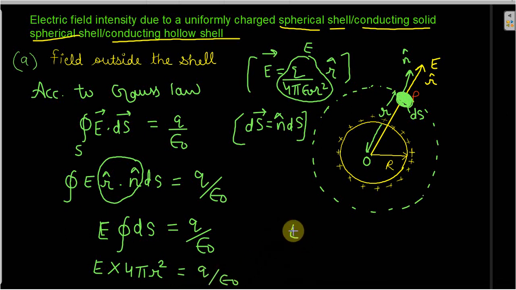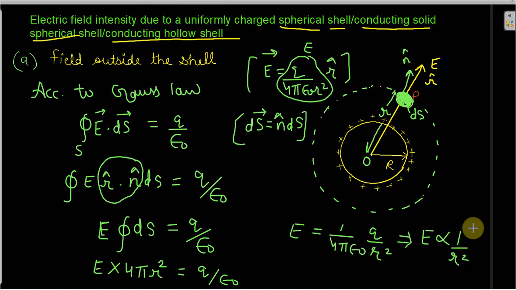So the electric field will be equal to 1 by 4 pi epsilon naught times q by r square. This implies the electric field is inversely proportional to the square of the distance. This is outside the shell.